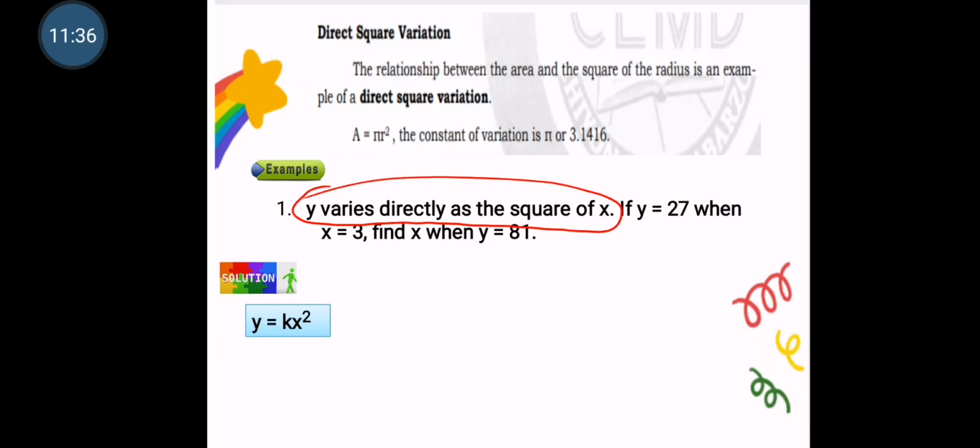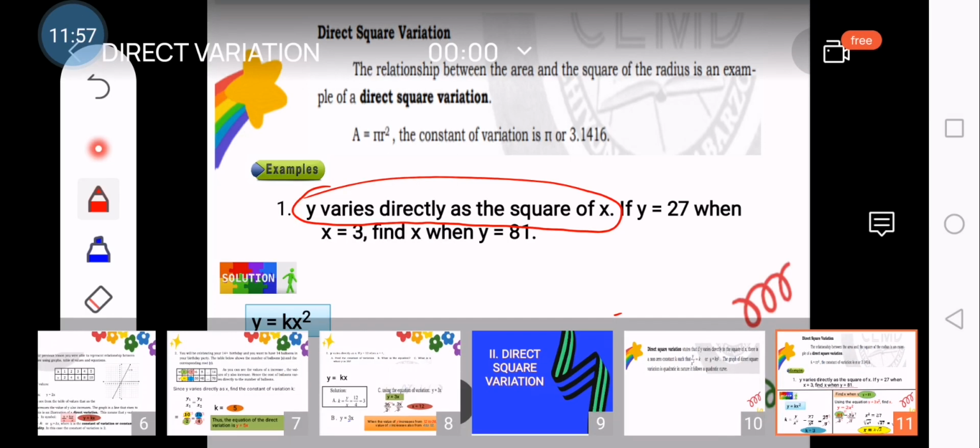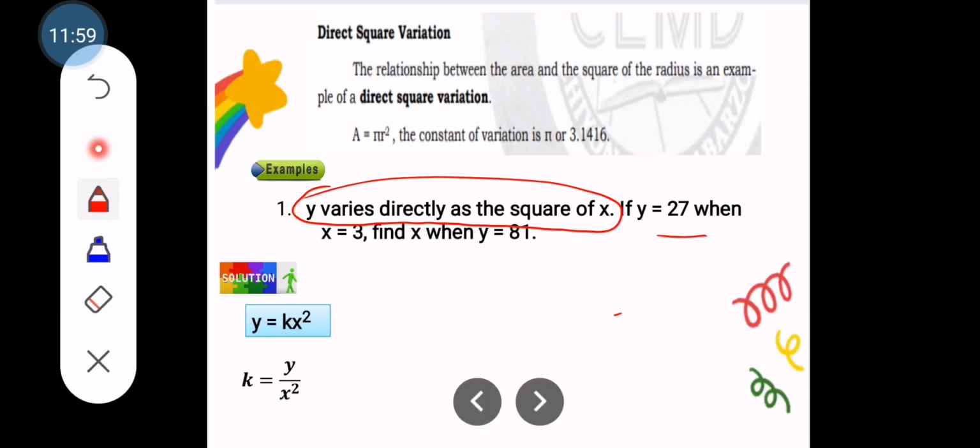And then, substitute natin yung mga bagay-bagay. Constant po yung uunahin natin. Palaging constant. So, k is equal to y over x squared. After natin i-translate, find the value of k. Substitute natin: ang value ni y ay 27, and then value ni x, substitute naman natin doon.